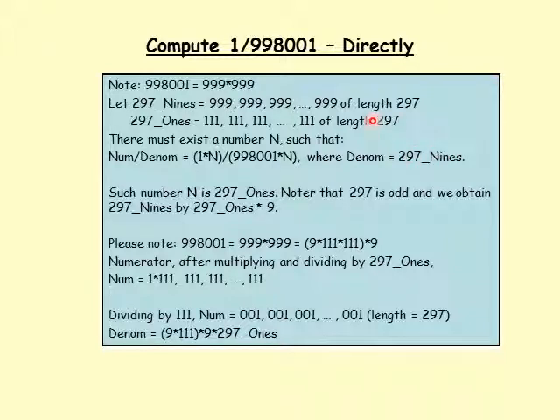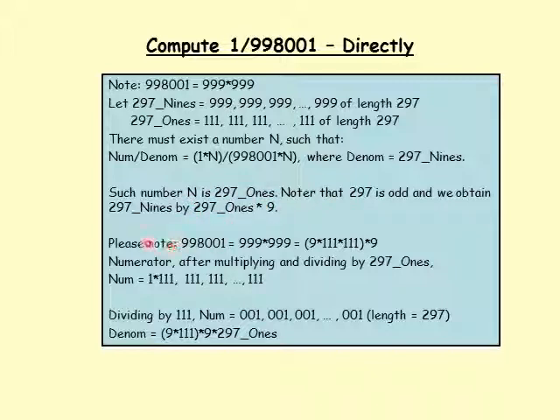We know from the previous workout that the number of digits in the recurring number was 297. Such a number n must be the sequence of ones of length 297. That's the one we defined before, because 297 is an odd number, and to get a sequence of nines of odd length, we can obtain that by multiplying by 9 a sequence of ones of the same length.